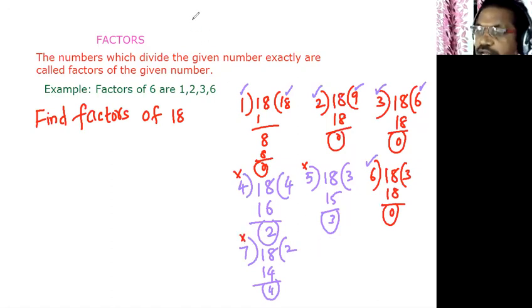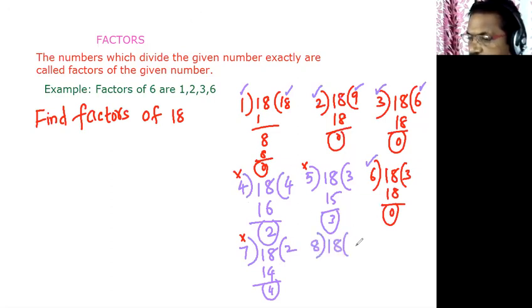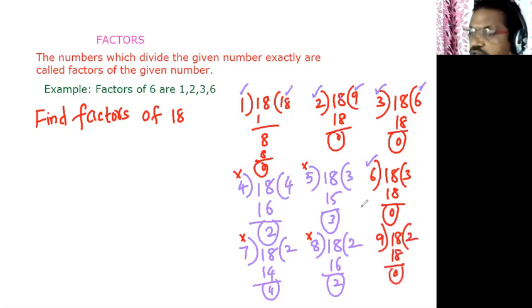Now let us take 8. 8 times 2 is 16. 2 is the remainder. So 8 is not a factor of 18. Now let's take 9. 9 times 2 is 18. Remainder is 0. So 9 is a factor of 18.